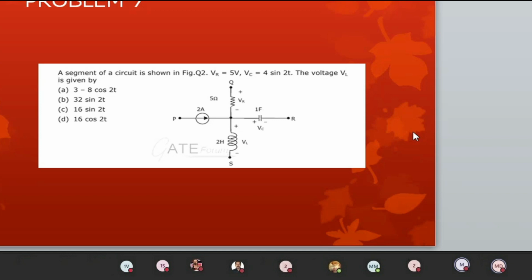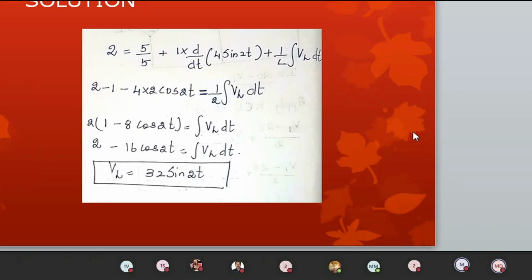Notice once again that even though it is AC, they have put some sign notations to understand the direction of current, so please be careful here. We are applying Kirchhoff's current law: current entering the node is equal to current leaving the node. Current through the resistor is I equals V by R. Current through the inductor is 1 by L integral V_L dt.